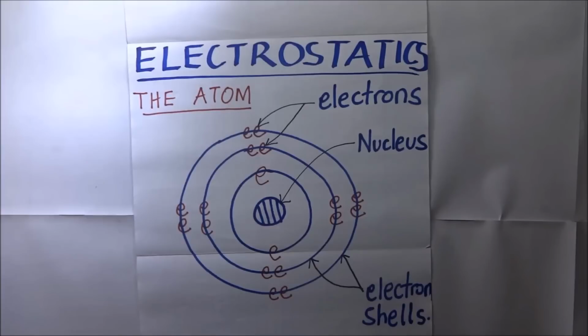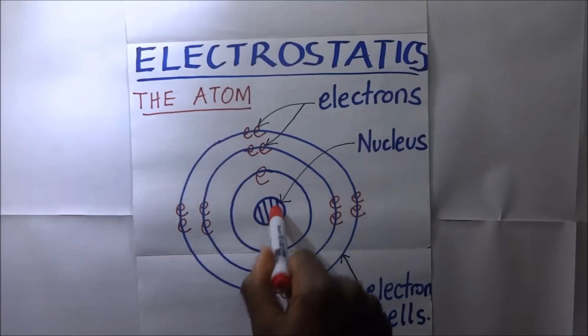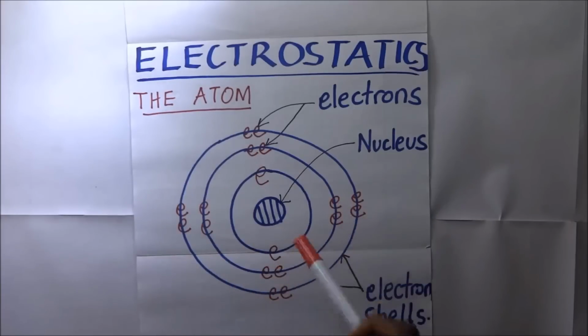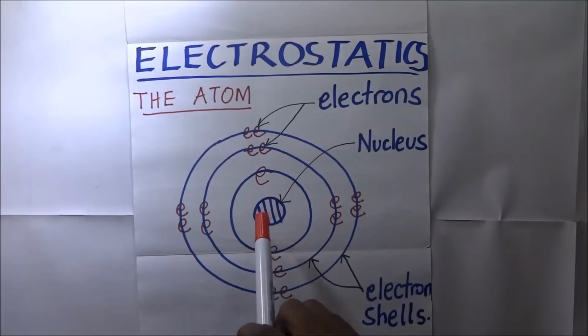It should also be known that the mass of an atom is concentrated at the nucleus, and these electrons have got a negligible mass. So when we want to find the mass of the atom, we simply compute the total number of neutrons and the total number of protons that are present in the nucleus.